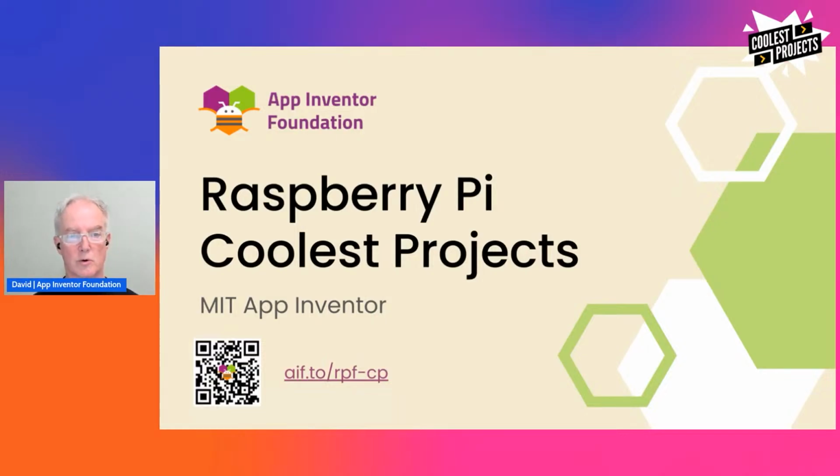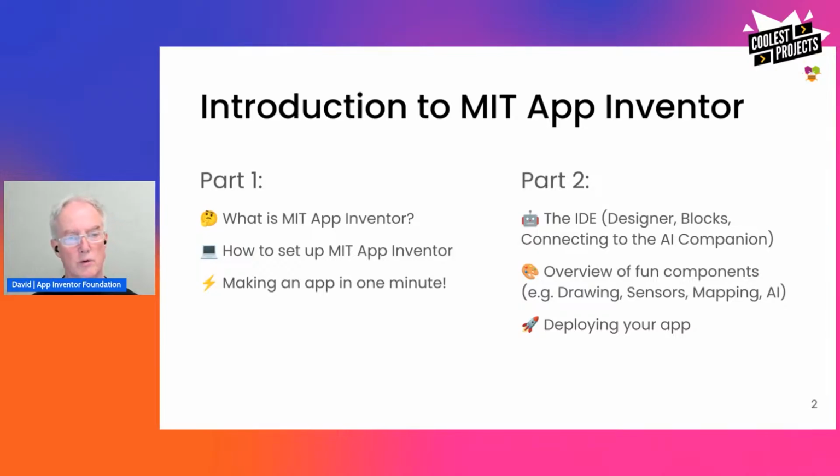Feel free to refer to anything that you see in this presentation. This is what we're going to cover today. What is App Inventor, how to set it up, and how to make apps. And in the second part, we're going to dive into some of the interesting apps and components that exist within App Inventor for you to work with.